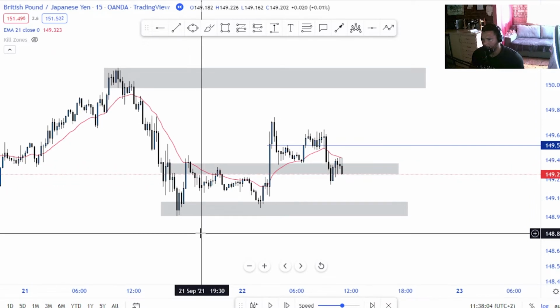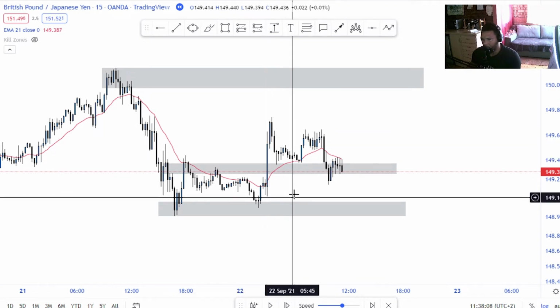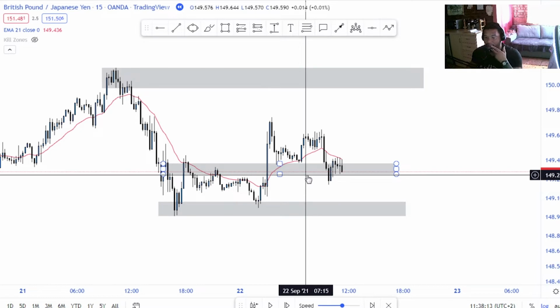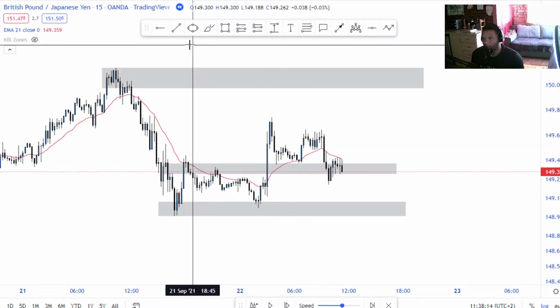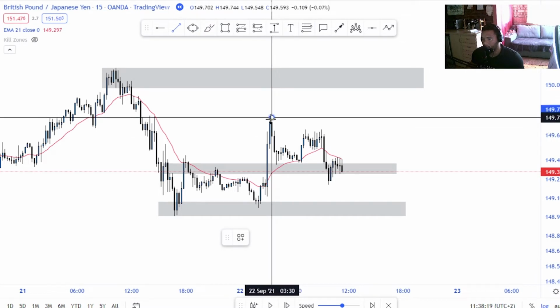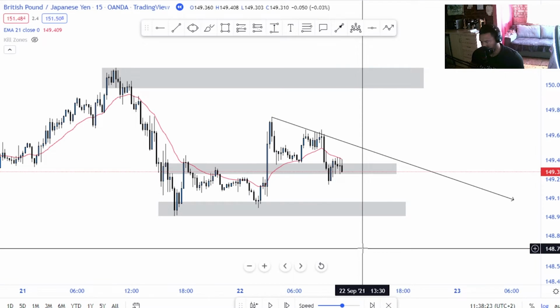So price must close above this 21 EMA and it must respect this area of resistance that was resistance that's becoming support right now. So what I would most likely love to do as well is to use a trend line, right, from this high to this area. Let's see.